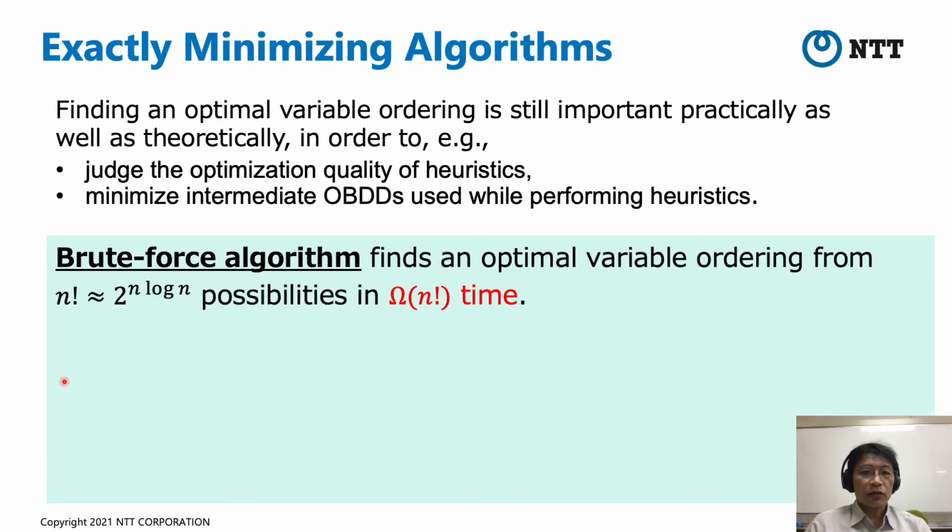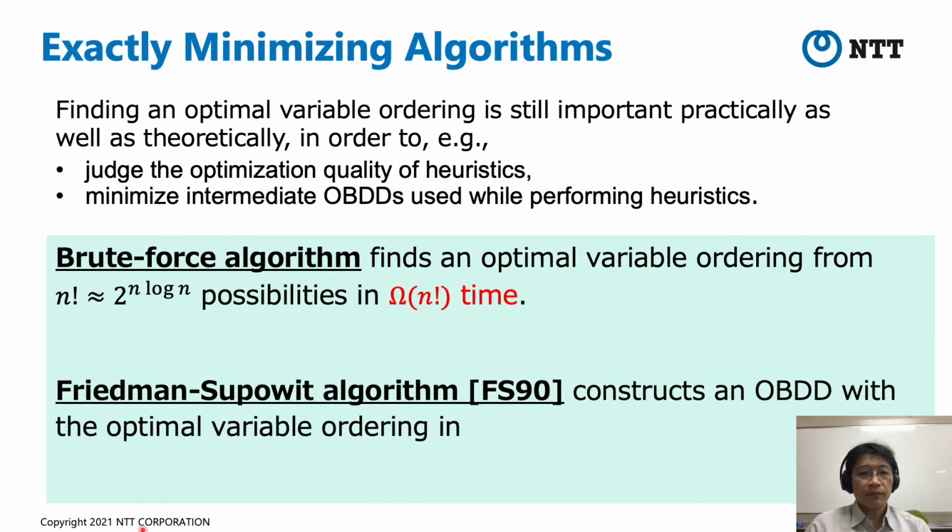Brute force algorithms find optimal variable ordering from n factorial possibilities because there are n factorial permutations over n elements. So time is lower bounded by n factorial. The only algorithm with a non-trivial upper bound is the one discovered by Friedman and Supowit.